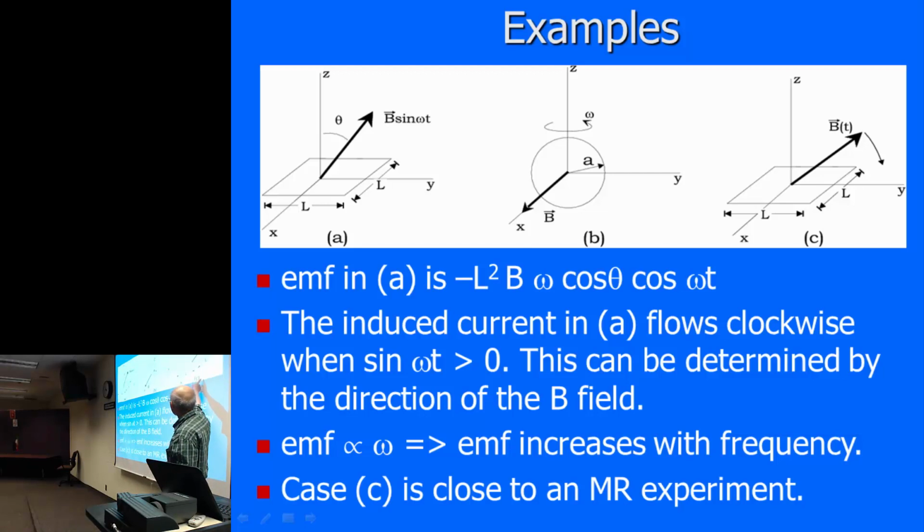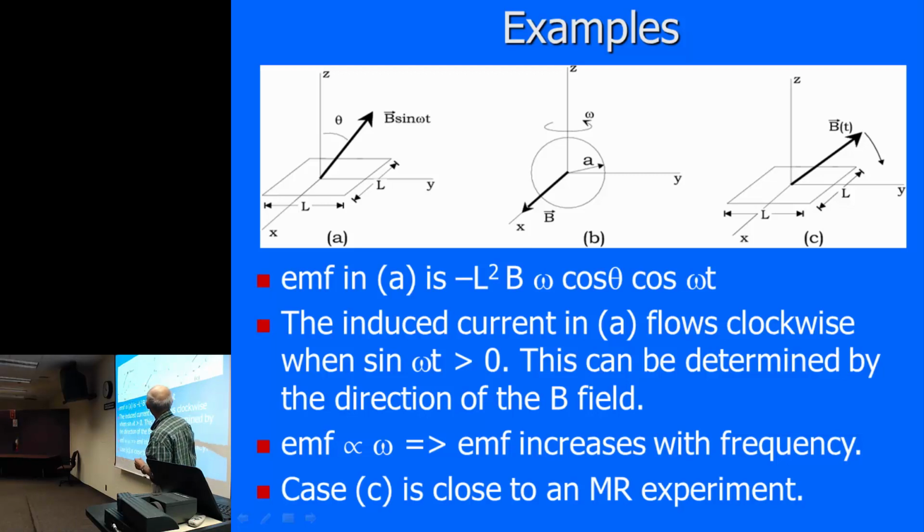And then this last figure is close to the MRI experiments. Remember in chapter 2, we were saying that in figure A, that field is a linearly polarized field. It is not efficient in MRI experiments.